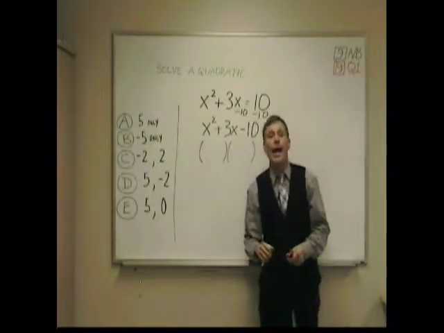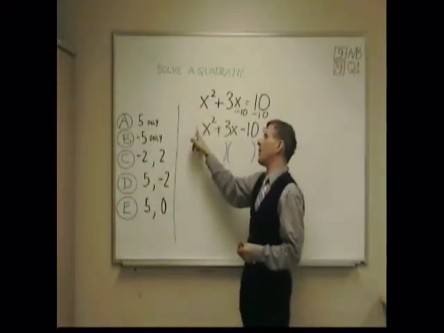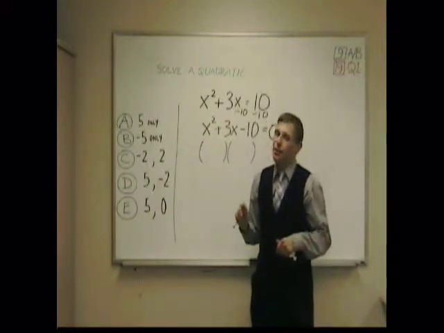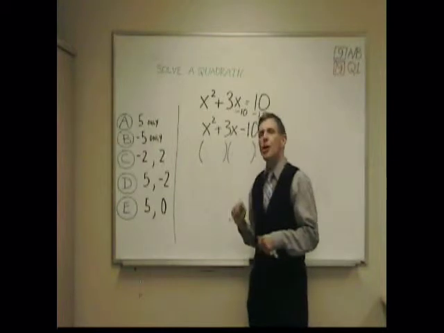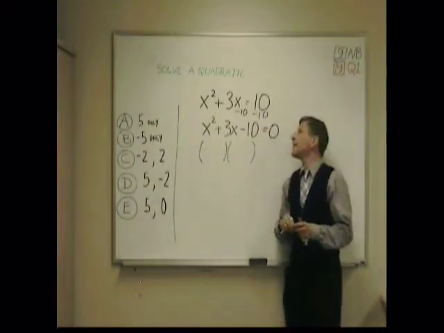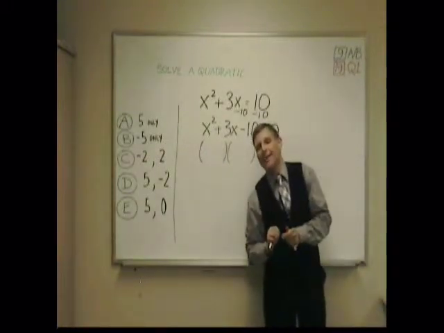I can do that because I don't have a number before the x squared in the lead position, meaning a is 1. So I can just think of two numbers that add up to positive 3 and multiply to negative 10. And remember, with signed numbers, add could mean subtract.